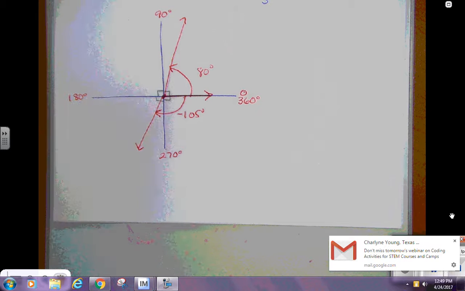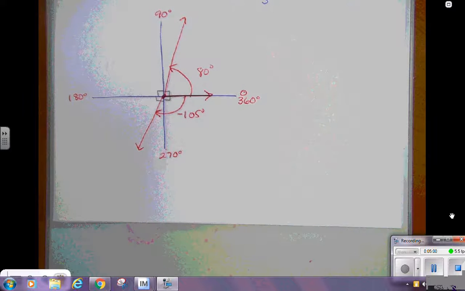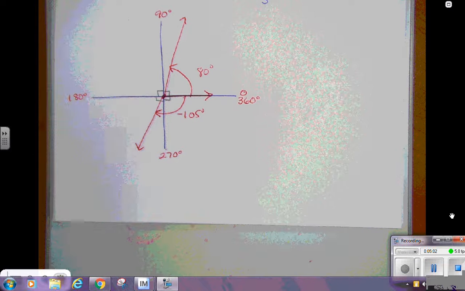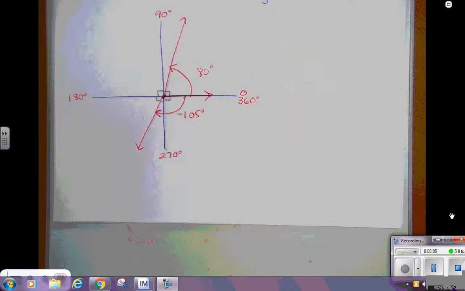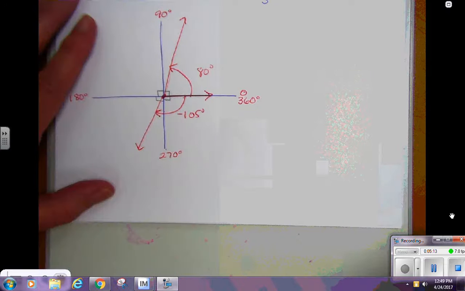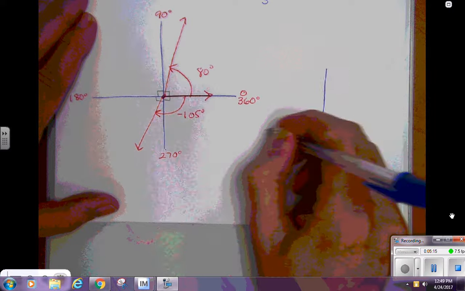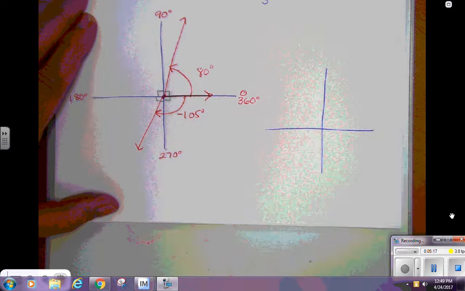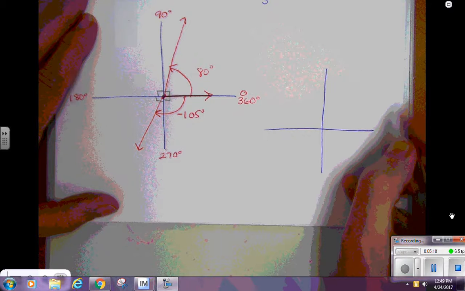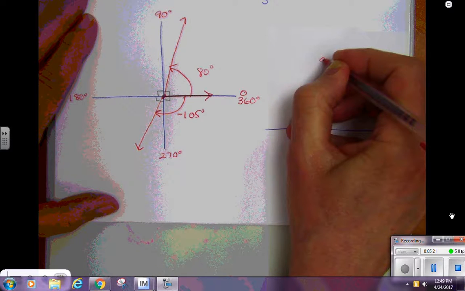Any questions? Okay, on the next example, it says draw an angle in standard position that measures 600 degrees. So to show an angle that's bigger than all the way around the coordinate plane, I'm just going to make it into a spiral. I'm going to draw my XY axis, and I'm going to write down my measurements again just to help me remember.